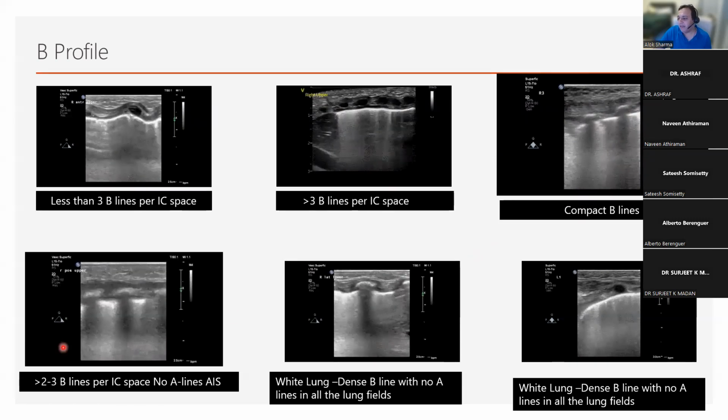It's becoming so bad now that this is evolving into AIS, and you can't see any A lines at all, but these large merged areas with quite thick and blurred pleura. And now you can see white lung. And these are just two different examples of white lung that you can see at this particular point.